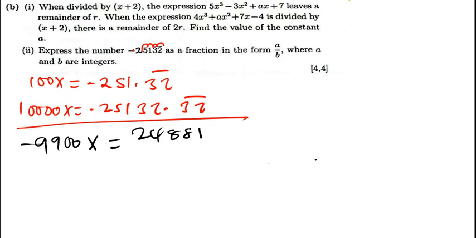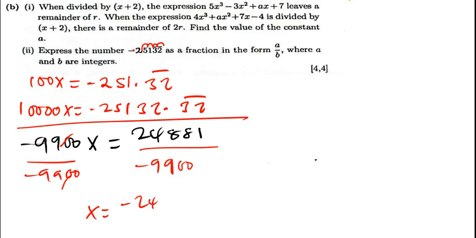So we can divide both sides by negative 9,900, even here negative 9,900. So these will cancel out, meaning that x is now negative 24,881 divided by 9,900.